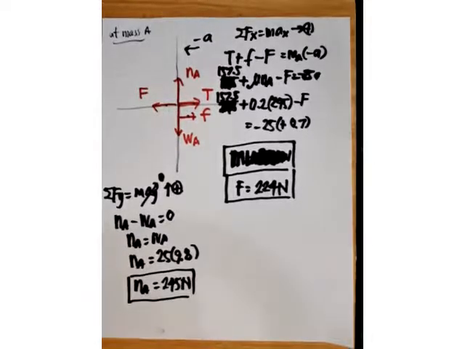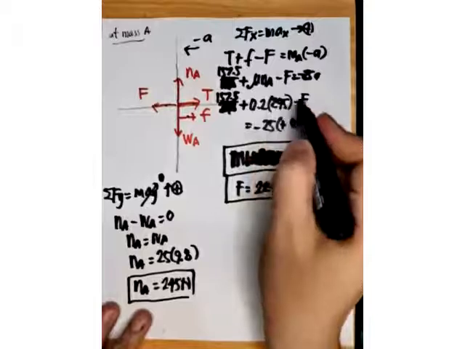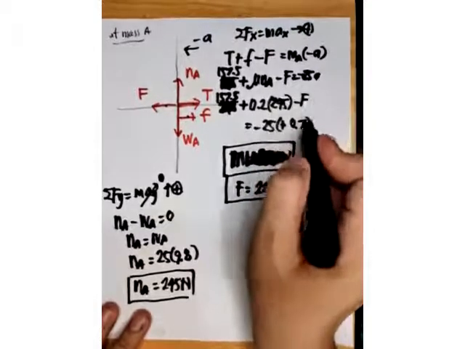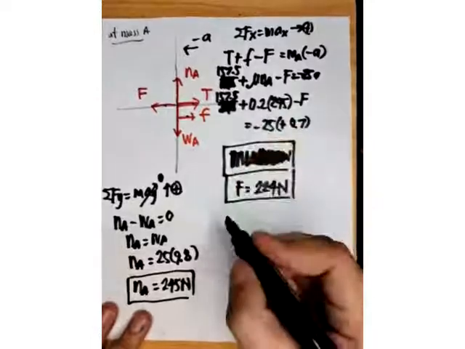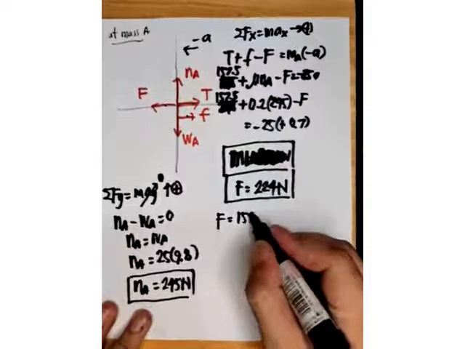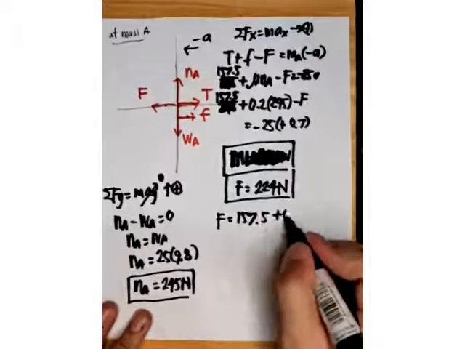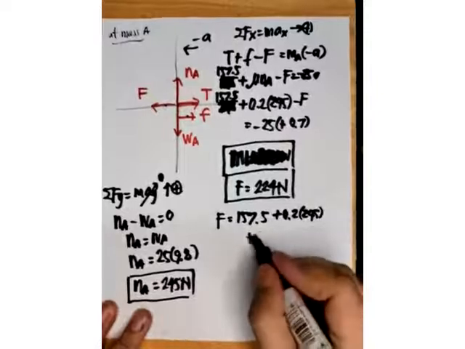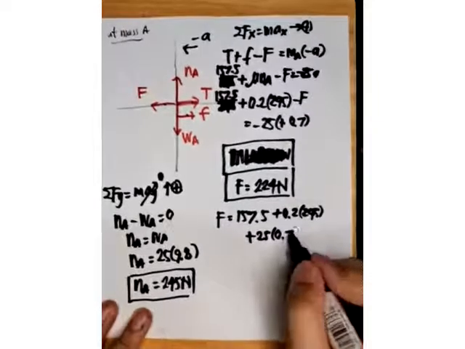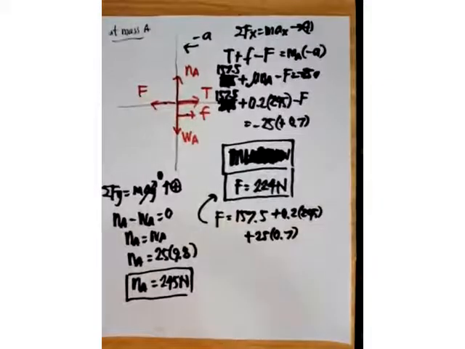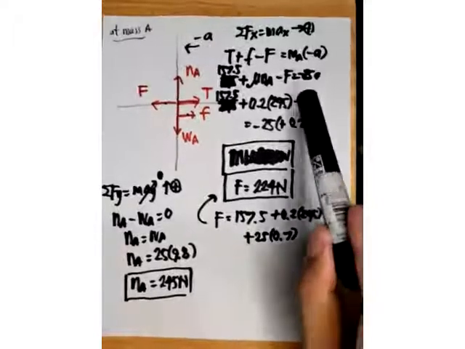Okay, nag-shortcut ba ako? Ginawa ko ay negative kasi itong F. So, tinranspose ko siya sa left, tapos ito naman yung transpose ko. So, naging F is equal to 157.5 plus 0.2 times 245 plus 25 times 0.7. Kaya siya naging ganyan. Tinranspose ko yung negative F. Pinagpalitan ko sila ng lugar.